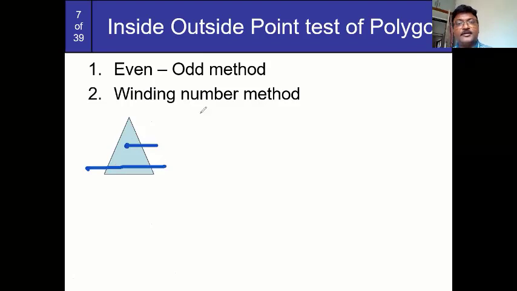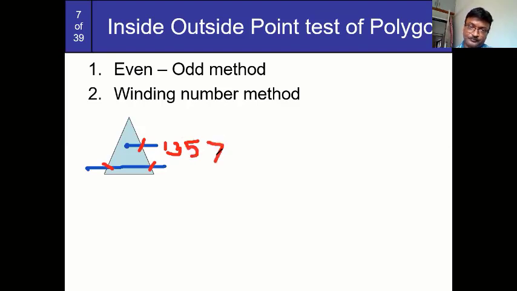So this line is going to intersect once, and this line intersects 2 times. How can I identify? Suppose the line intersects 1 time, 1 is an odd number. 1 time, 3 times, 5 times, 7 times: these are all odd numbers.